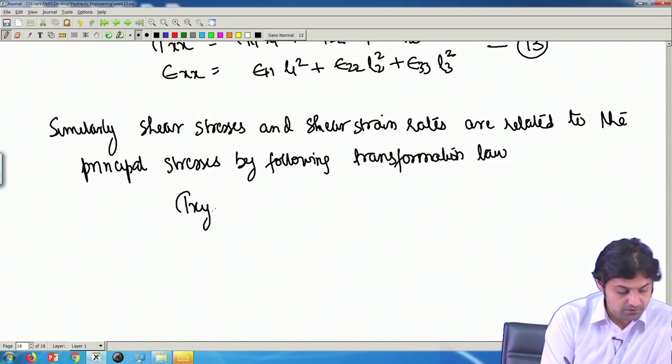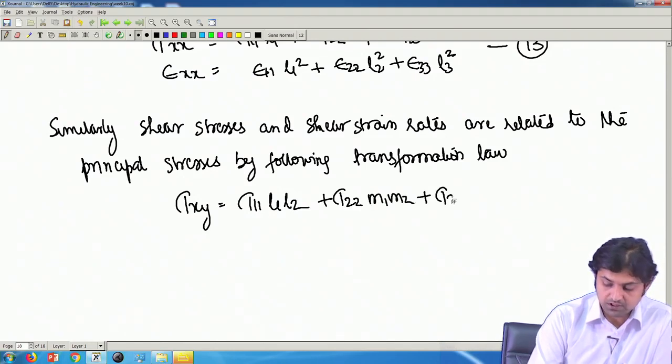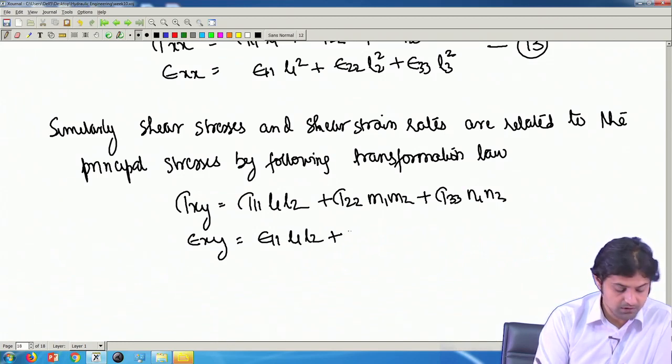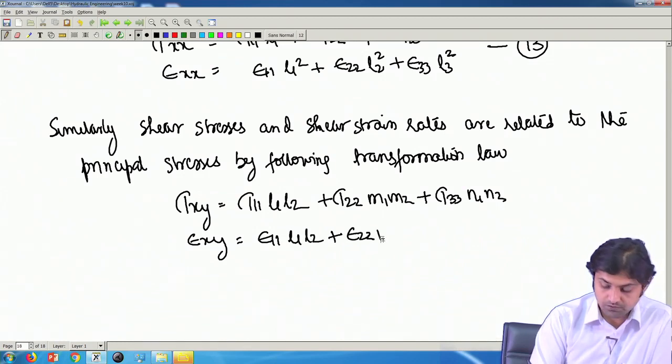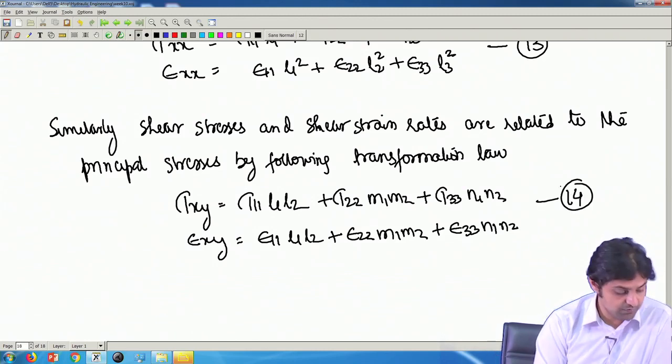That means tau xy can be written as tau 11 L1 L2 plus tau 22 M1 M2 plus tau 33 N1 N2. Similarly, epsilon xy is given as epsilon 11 L1 L2 plus epsilon 22 M1 M2 plus epsilon 33 N1 N2, and this equation we call equation number 14.